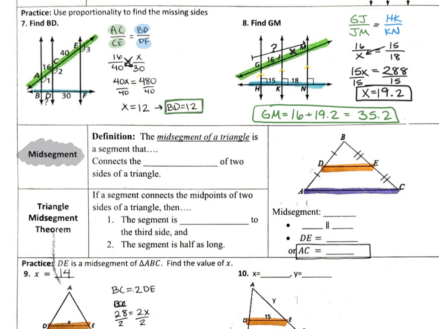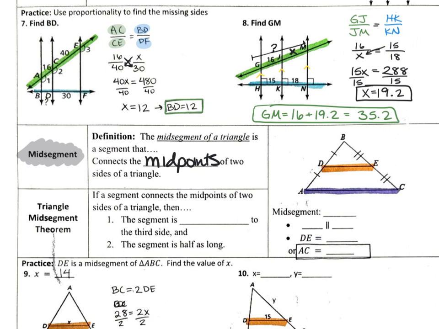A midsegment of a triangle is a segment that connects the midpoints of 2 sides of a triangle. So if you notice, in the triangle I have highlighted for you, we've got this line in the center of our bigger triangle, and it is specifically cutting the triangle so that this side and this side are equal, this side and this side are equal, cutting them directly in the center of each segment.